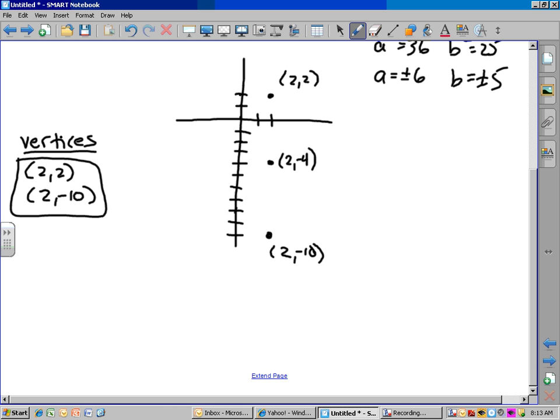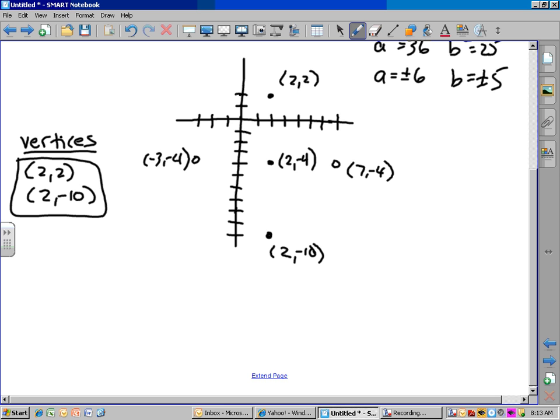B, we're going to go 5 left and right. 1, 2, 3, 4, 5. I think they're worth plotting, but they didn't ask us about those points. We need them for the fundamental rectangle. So that's going to be 7, negative 4, and negative 3, negative 4. Correct?